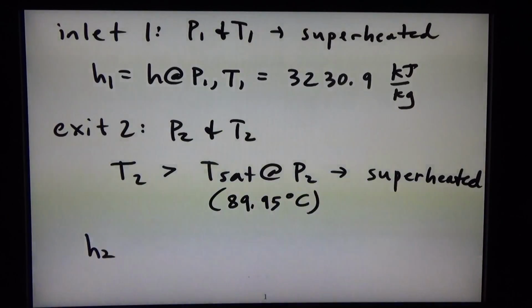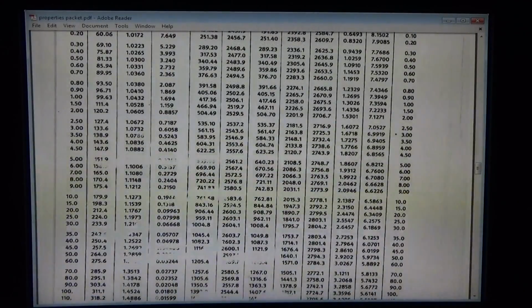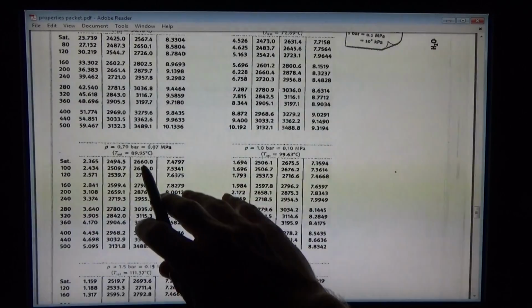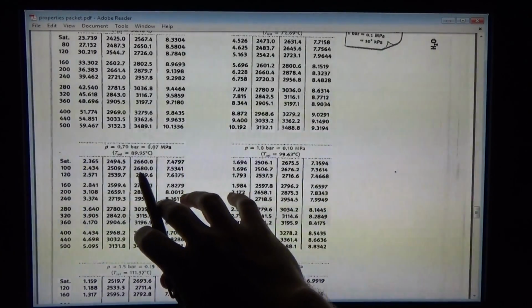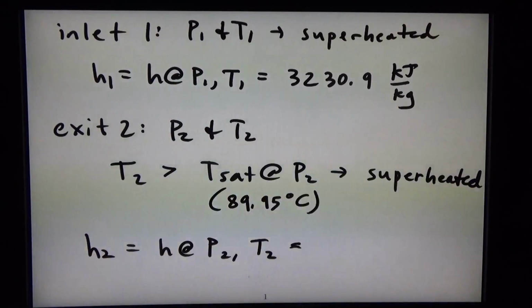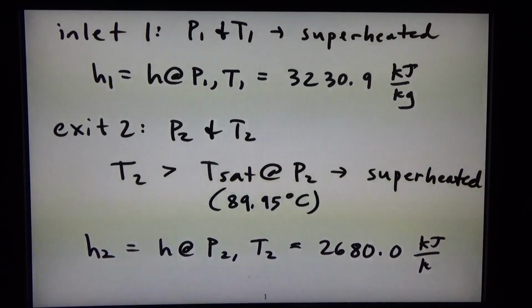So for H here, we can look it up at the given pressure and temperature. So from the superheated tables, now we're looking for pressure subtable of 0.7 bar. Here's 0.7 bar. And then at a temperature of 100, the enthalpy is 2680. That completes the analysis for the actual turbine.